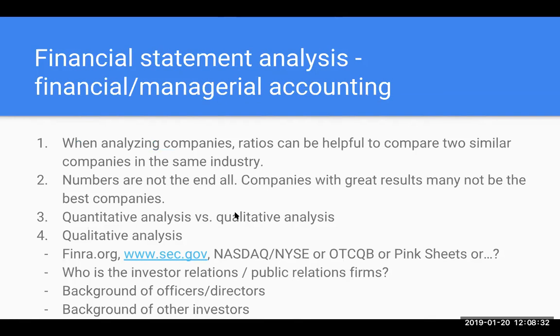That's really important because if I start looking at a social media company like Facebook, and I'm trying to compare it to the Home Depot, those are two separate companies. Obviously, they are two separate companies, but they're in two completely different industries. So when I'm doing financial statement analysis, I really need to make sure that I'm selecting two companies that are in the same industry. And that way the numbers will hopefully make a little bit more sense.